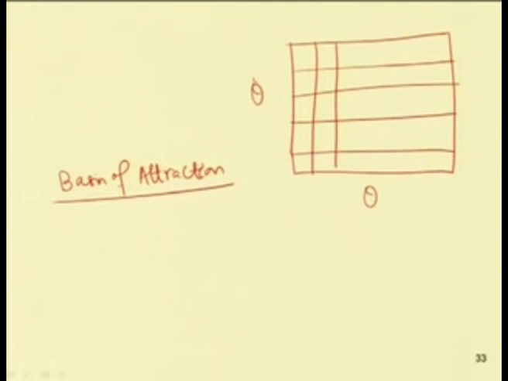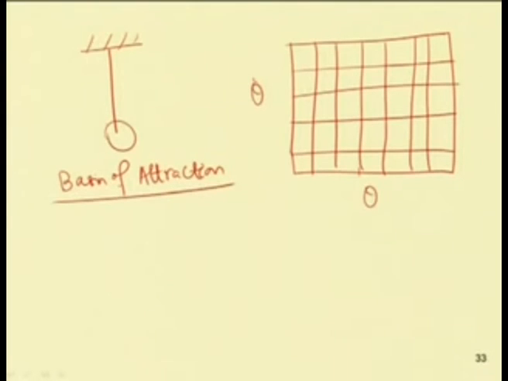This basin of attraction can be plotted by different methods. Here a simpler method is depicted. So, this is theta versus theta dot, for a simple pendulum. Let us say for a simple pendulum you want to plot the phase portrait.